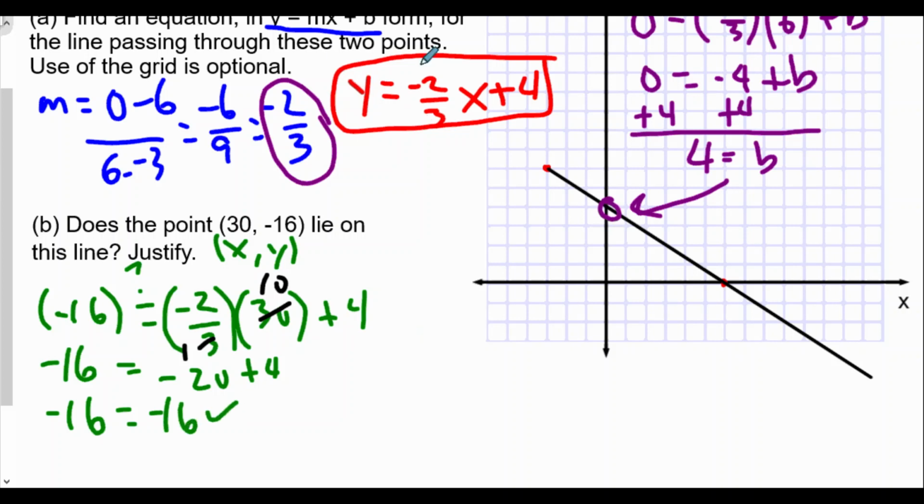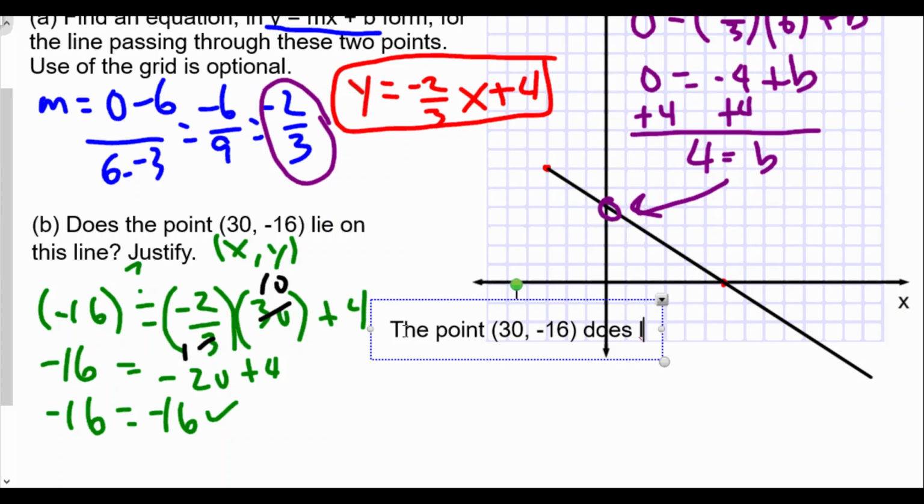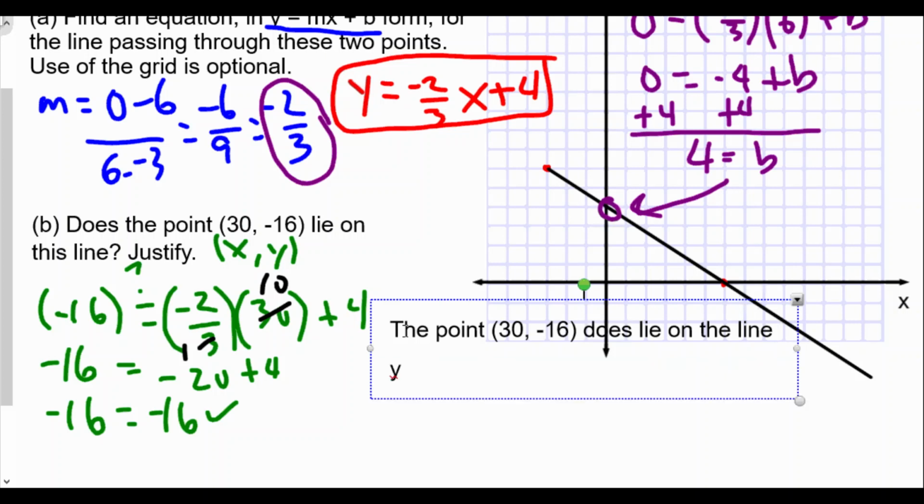And so we can now say for sure the point (30, -16) does lie on the line y = -2/3 x + 4.